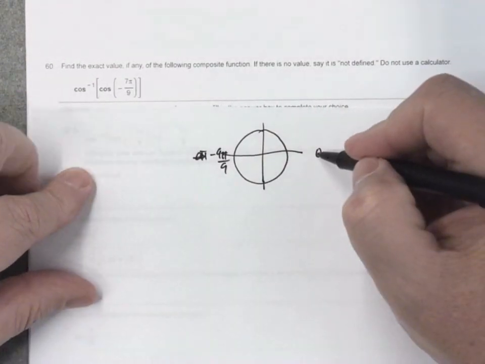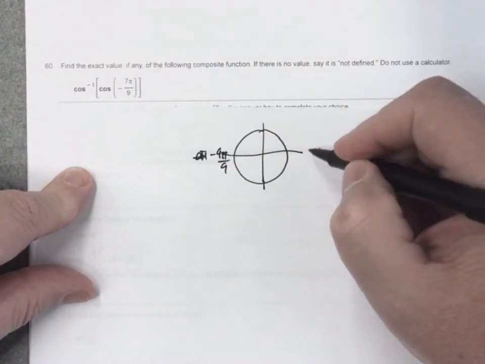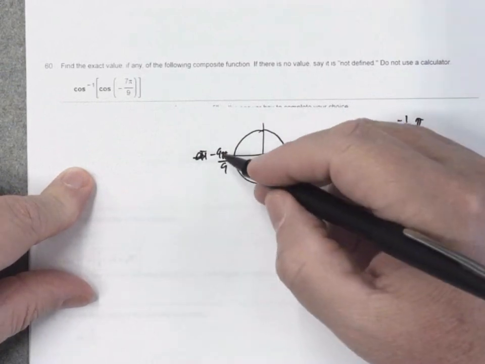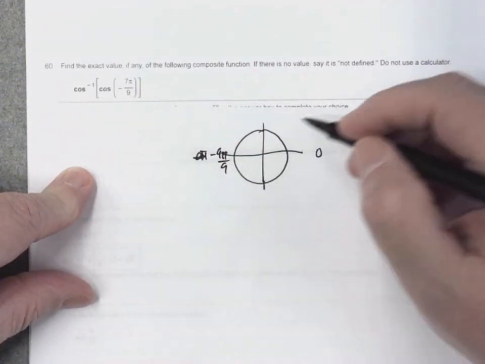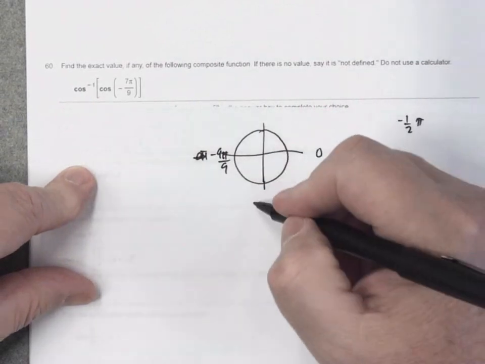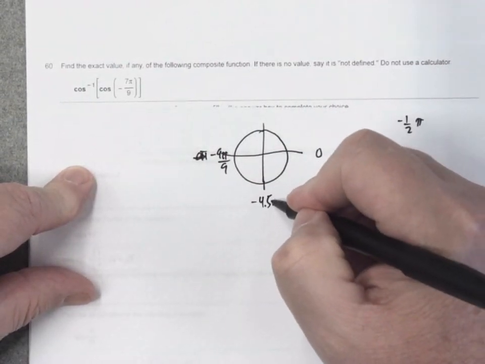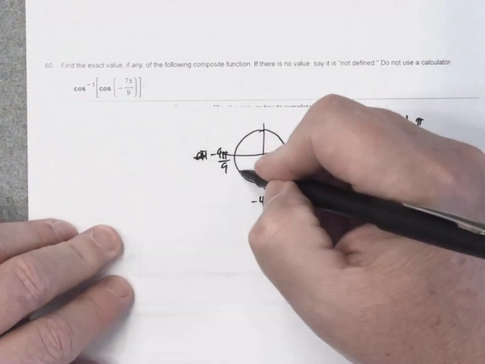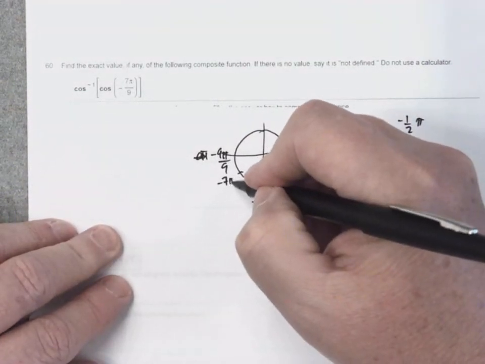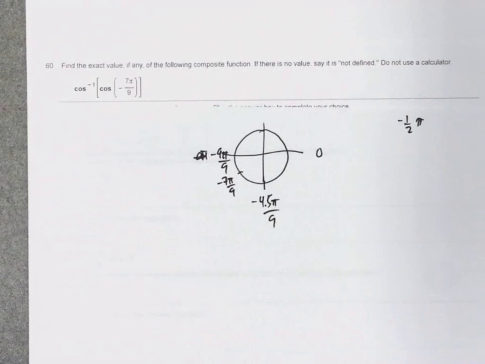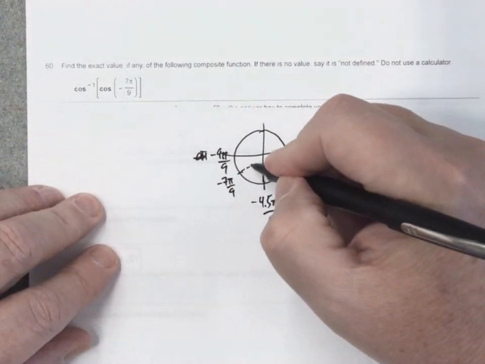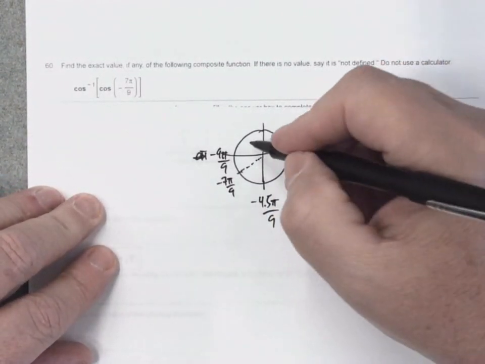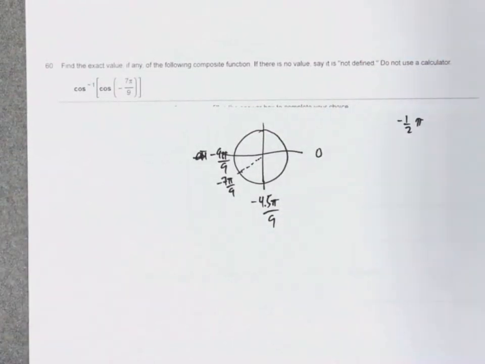Now if I'm going from 0 to 9 pi over 9, from 0 to 9, halfway is 4.5. So let's just call this down here negative 4.5 pi over 9. So you can see negative 7 pi over 9 is probably right about here. Definitely not in my allowed region. My allowed region has to be the top here.